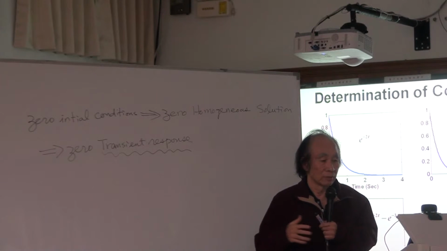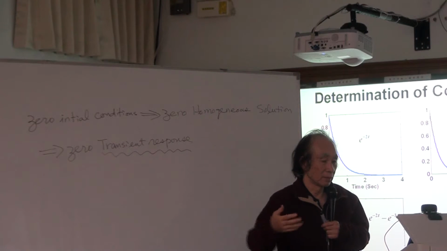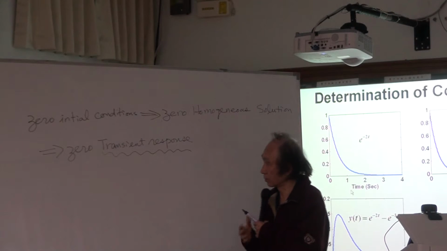So if you look at this case, you can see that your system decays in about 4 seconds. Your transient response is all gone.